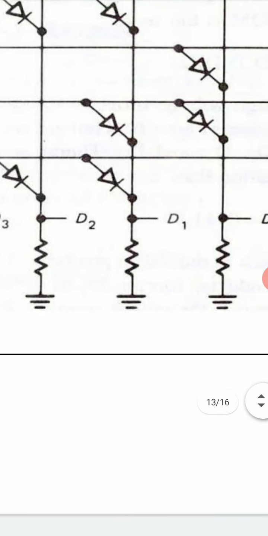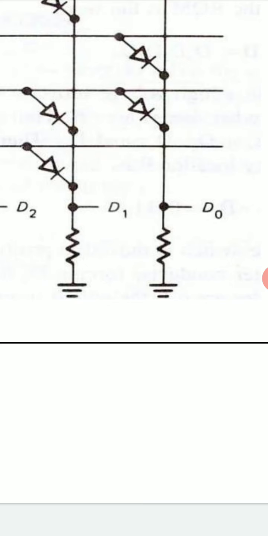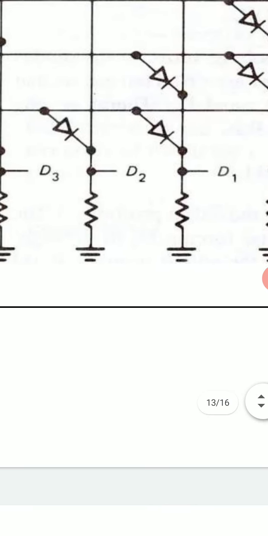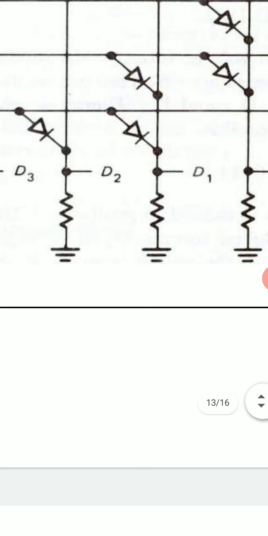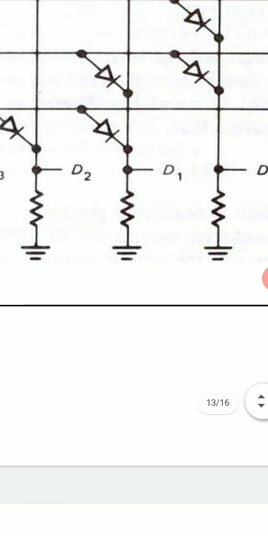Look at this R6. It has two diodes which are connected to D1 and D0. So D1 is 1, D0 is 1, other D3, D2 are 0, 0. So content word is 0011.